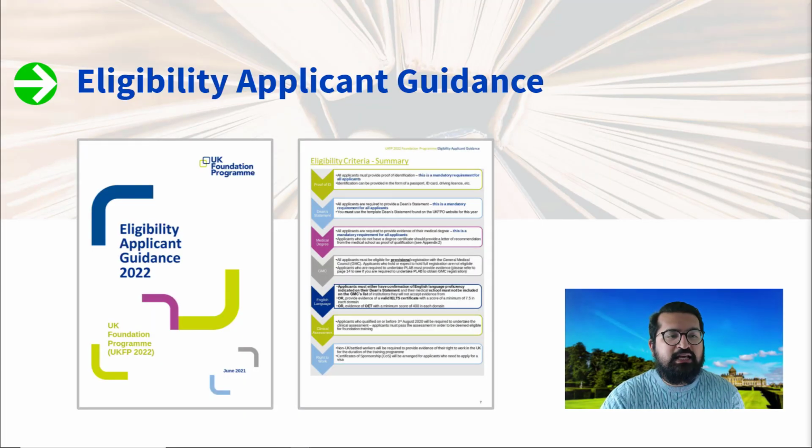So, eligibility applicant guidance. This year's eligibility applicant guidance is published. It was published yesterday, or maybe it will be thoroughly published today. And I cannot emphasize enough, you have to read through the entire guidance really clearly and understand what you need to do.